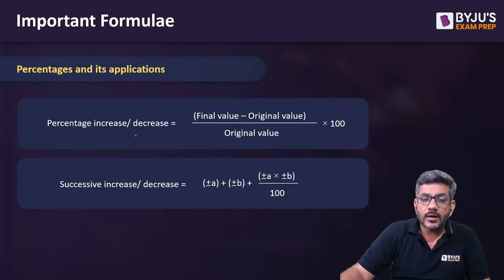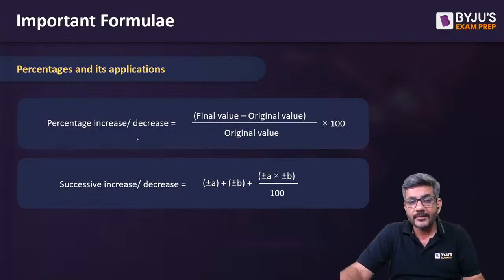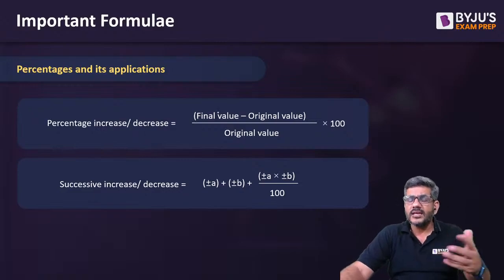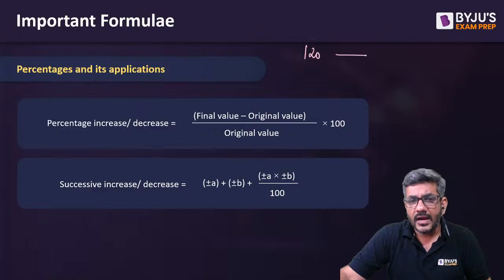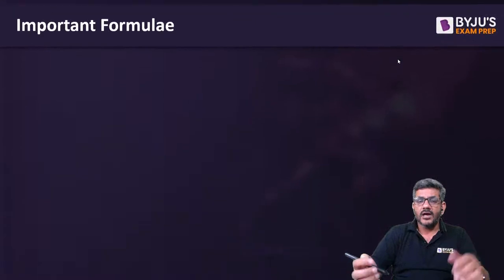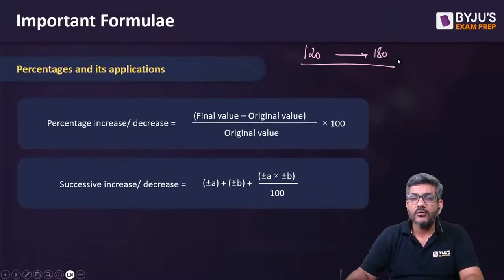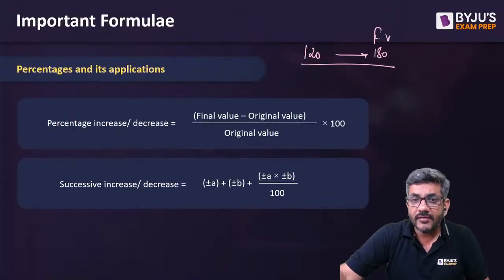Percentage increase or percentage decrease, what is that? When something increases, for example, a value is initially 120 and now it has become 180. Of course, it has increased. How much has it increased? How do I find it out? This 180 is called the final value.